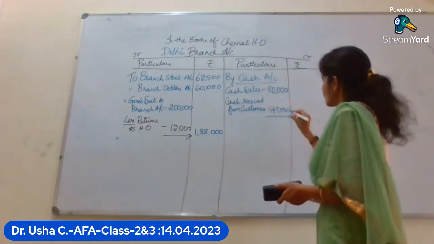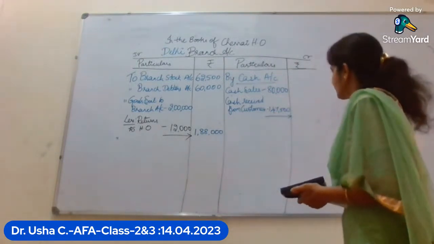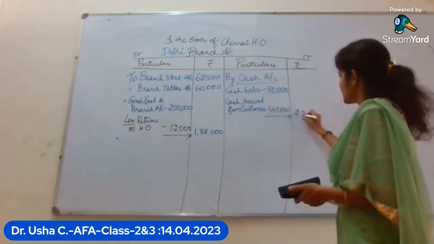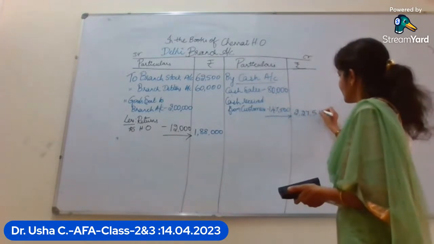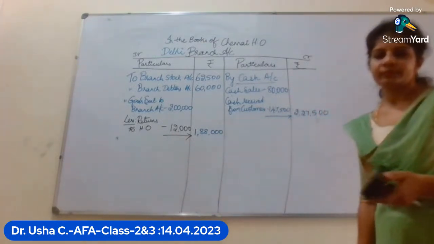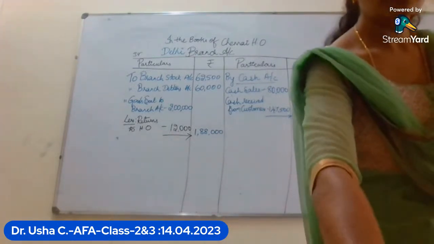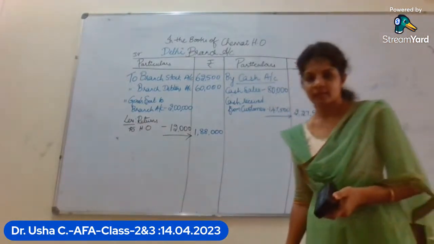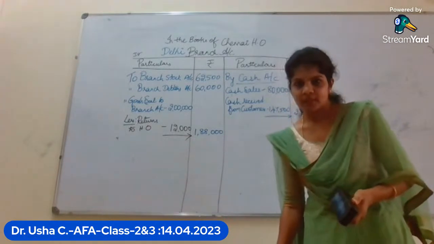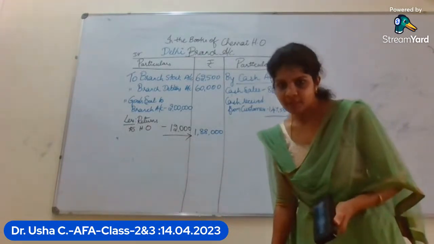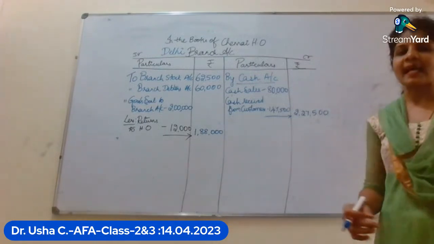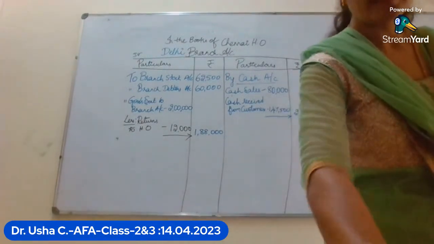Can anyone take the total and tell me? 2,27,500. Is it correct? 2,27,500. Correct. Okay. So we'll move to the next item, whatever is given.